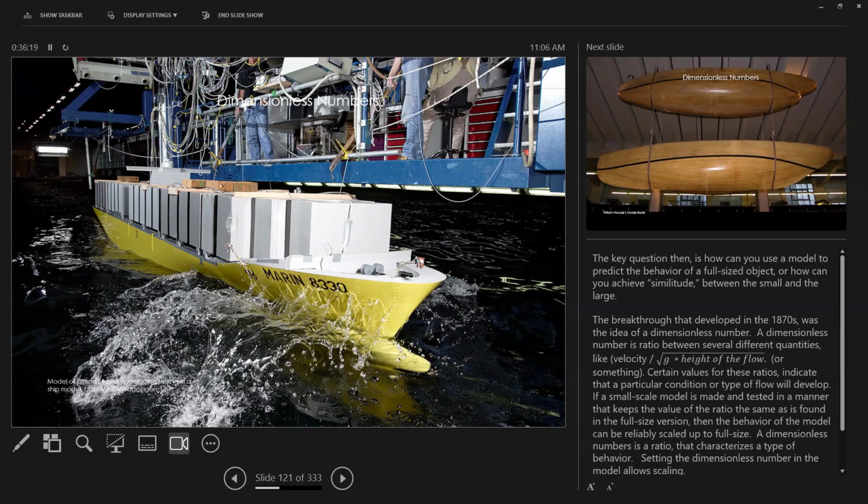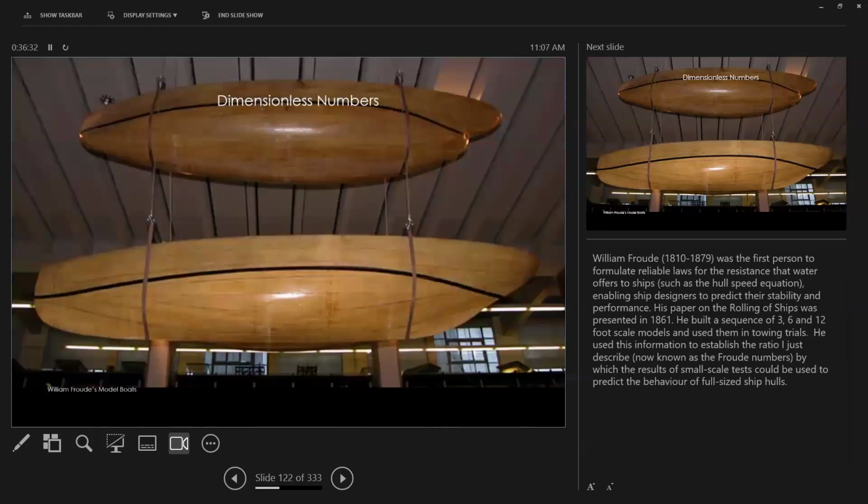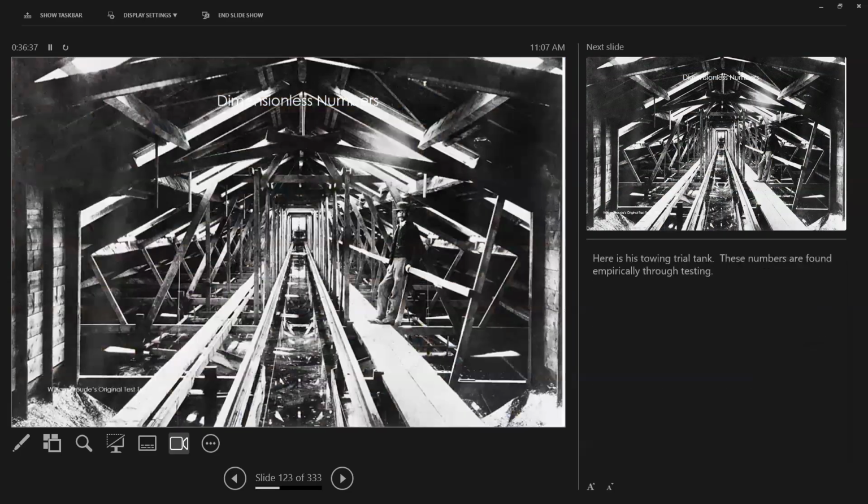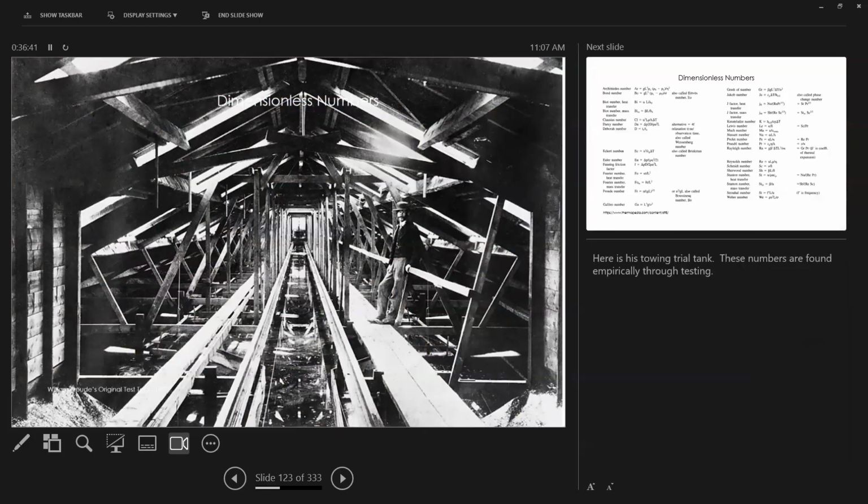If you set that ratio at a large scale and you duplicate the same ratio at a small scale, you can take certain measurements that are comparable. So there are many of these. William Froude in the 1800s used to drag little things through tunnels, through water, to try to find these parameters.